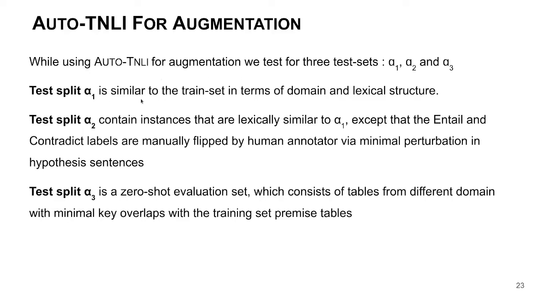Alpha 1 is similar to the train set in terms of domain and lexical structure. Alpha 2 contains instances that are similar lexically to alpha 1, except that the entail and contradict labels are manually flipped by minimal perturbations in the hypothesis sentences. And alpha 3 contains categories that are not present in the train set.